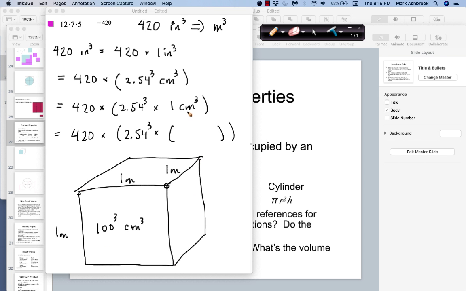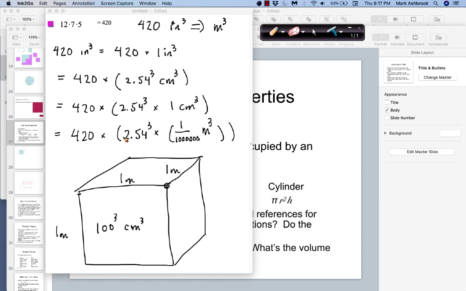So 1 centimeter cube is 1/1,000,000th of a meter cube. Because we just saw 100 centimeter cubes, 100, 100 makes 100 cubed centimeter cubes that would fill up this meter cube. That's a million. So 1 centimeter cube is 1 millionth of that whole meter cube.